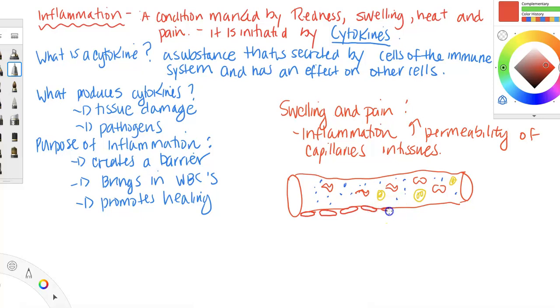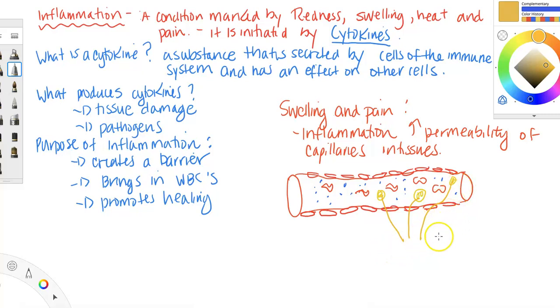Remember, capillaries are one cell layer thick. And so the inflammation, these chemicals, these cytokines, cause these cells to kind of come apart, really, they just go lax. And they do that so that things like the white blood cells can make their way to the area and get out here.